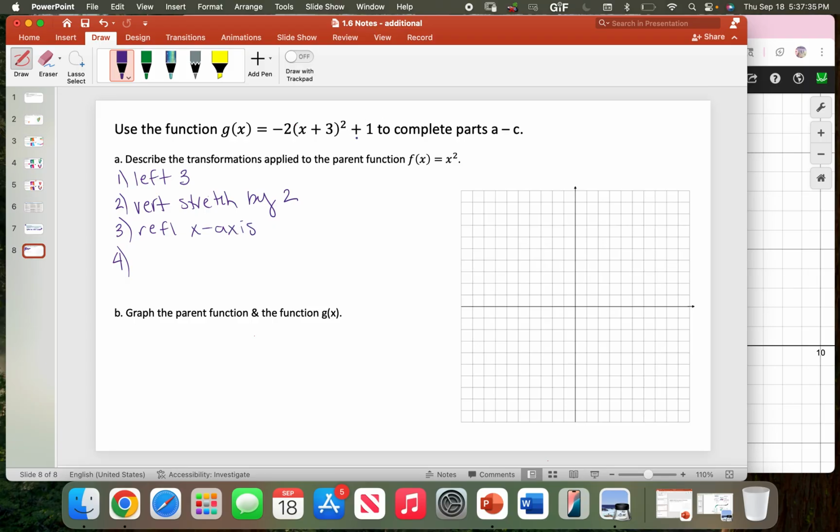And then finally, we're shifting up 1 unit. The parent function is still the quadratic function. And I'll show you how to do each one individually on both the graph and in the table.